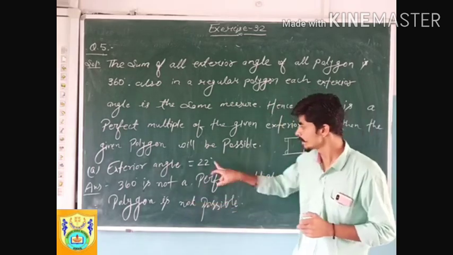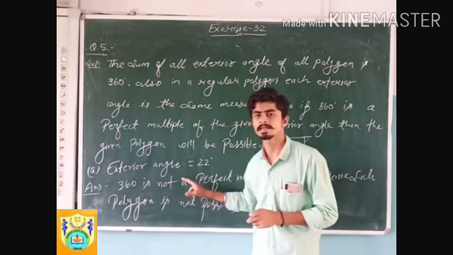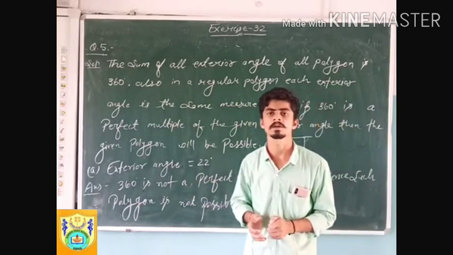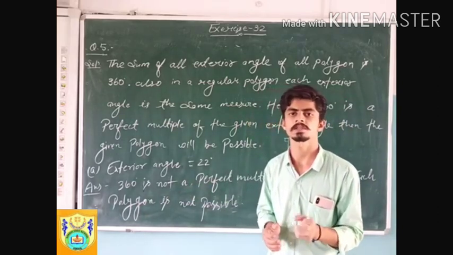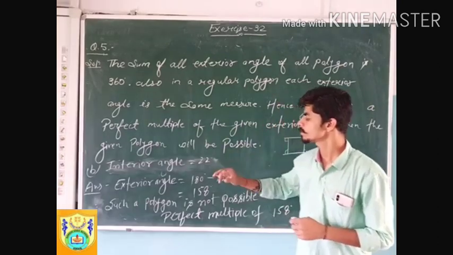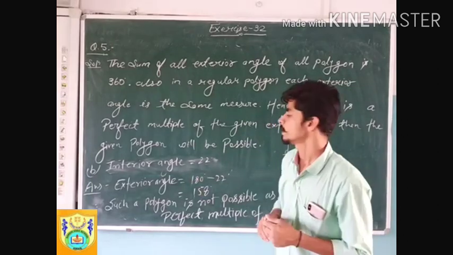Why? 22 is not dividing 360 perfectly. That's why it is not possible to have a regular polygon with the exterior angle equal to 22 degrees.